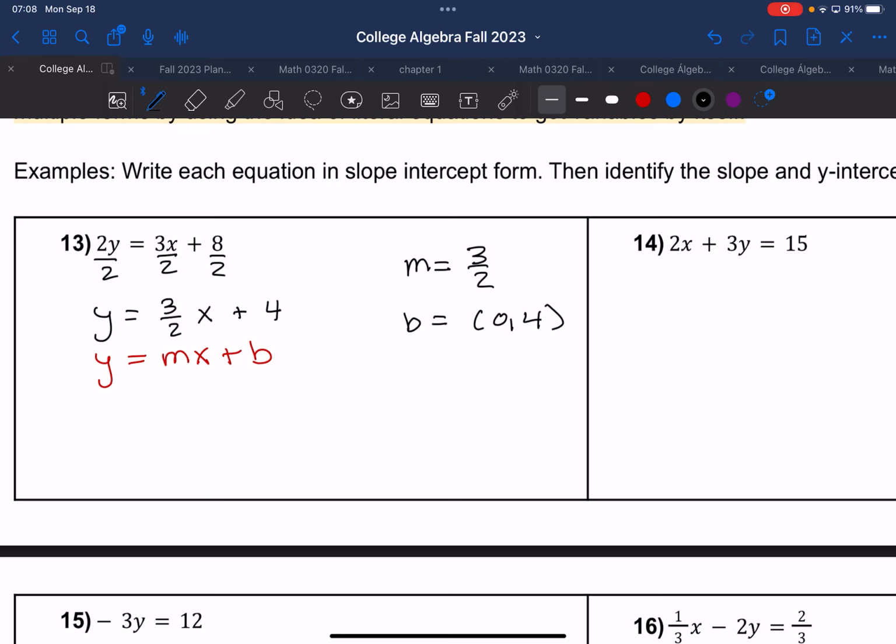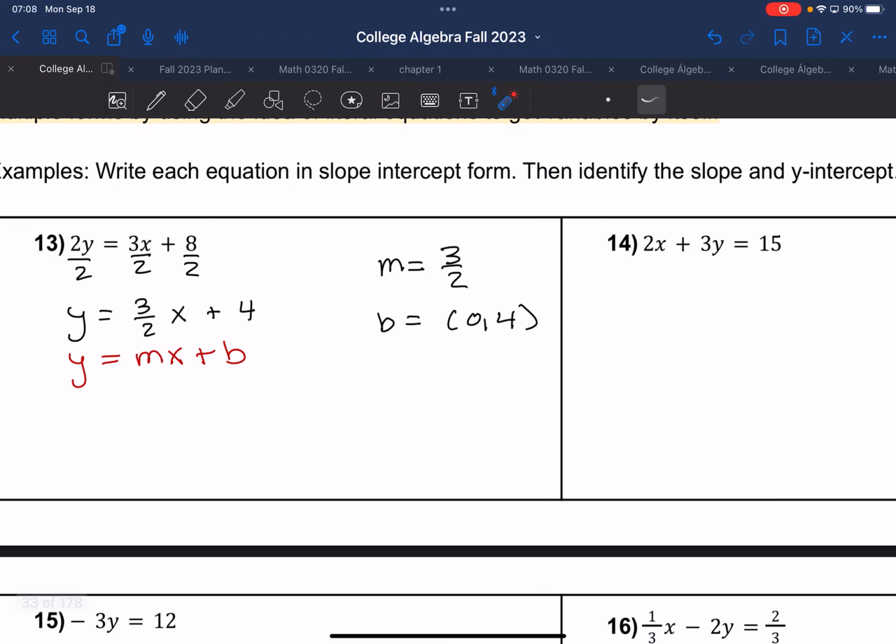When being asked for the slope, would you include the x in your answer? No, you wouldn't say the slope is 3 over 2x, because the slope is whatever is in front of the x, just that number. That is one mistake I see a lot on the exam, so I'm pointing that out. Slope is just a number. We do not include any variables.